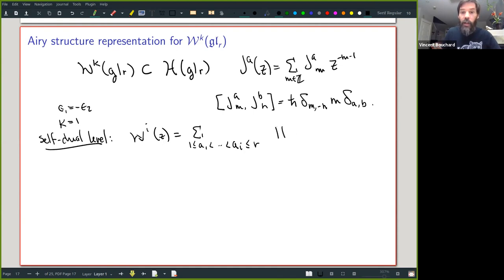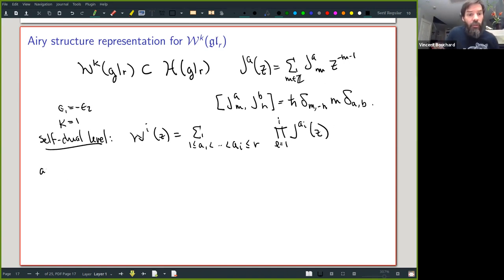So you just have a product of these bosonic fields, from 1 to I, of J of AI of Z. And then to extract the modes, you just extract the corresponding powers of Z, and that gives you the expression for the modes in terms of the modes of J, the bosonic fields.